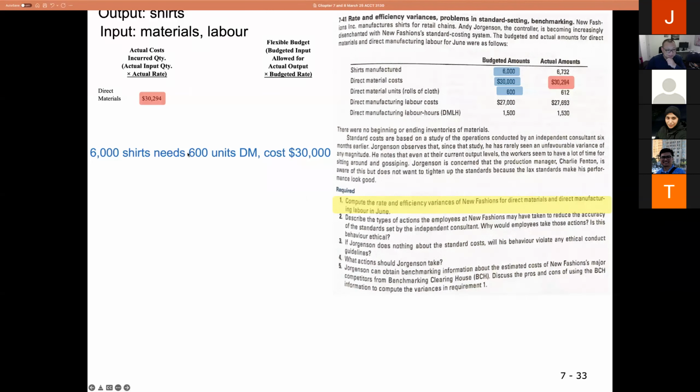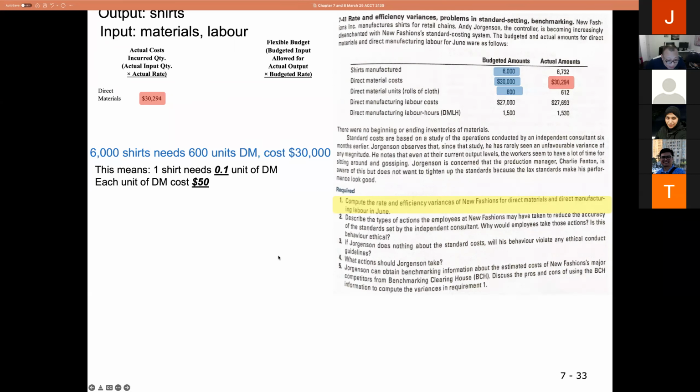These three pieces of information. So when I translate this, that tells me that each shirt is going to need 0.1 unit of the roll, and each roll is going to cost $50. So 6,000 shirts times 0.1, that's the 600 units.